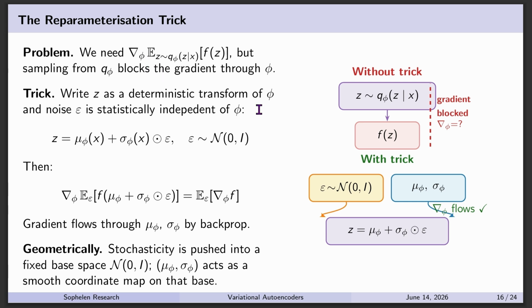There is a clever trick where we push the stochasticity, I can never pronounce that word, right? Basically, make z deterministic from phi, and then we add the noise scaled by the standard deviation. Then we can bring the gradient inside, and now the gradient flows through the mean and the standard deviation.